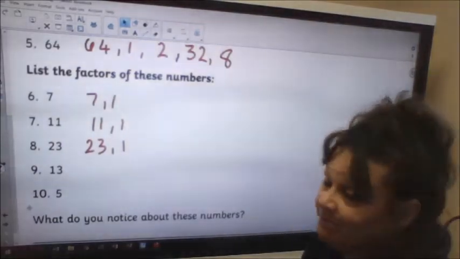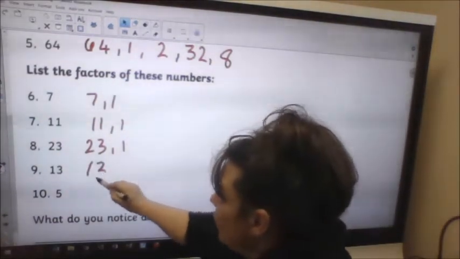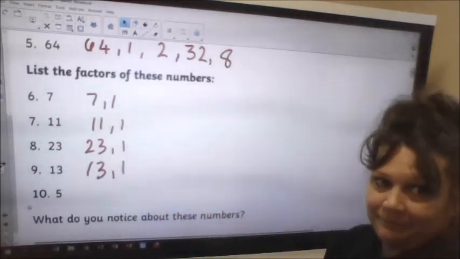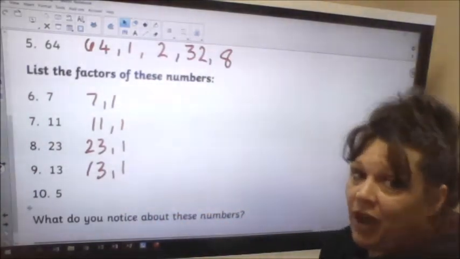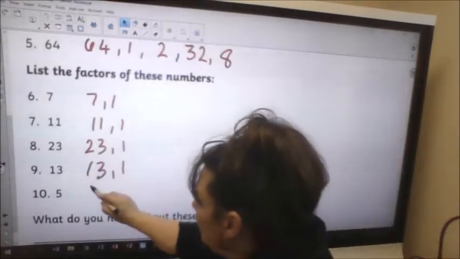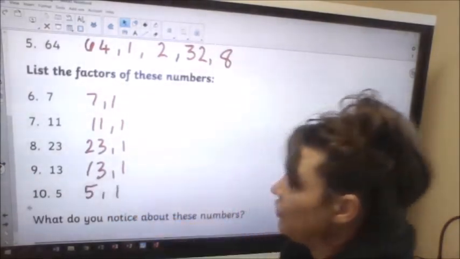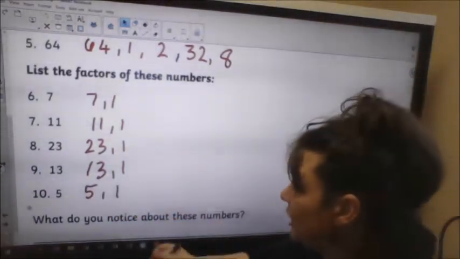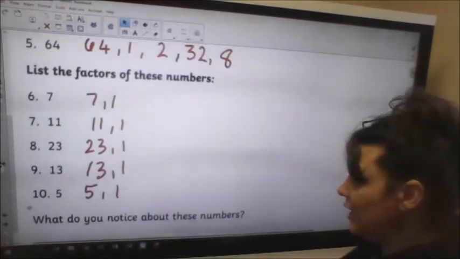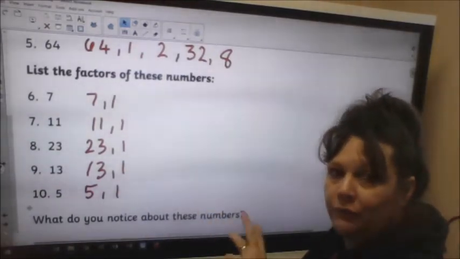Okay, 13. Only 13 and 1. And then 5 only appears in the 5 times table. So only 5 and 1. So if you notice, what did you notice here? They only have 2 factors.